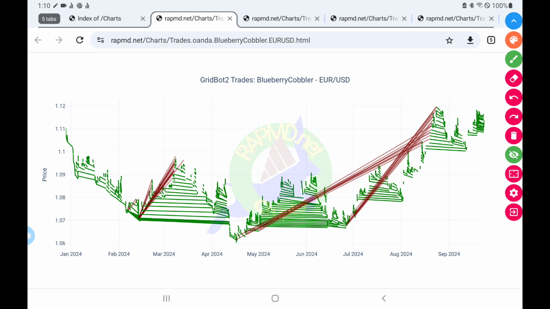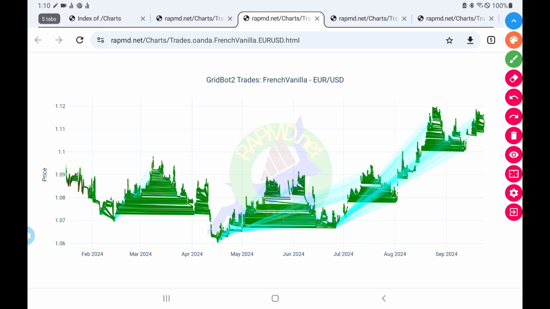On French vanilla, I've taken a higher number of trades, but less profitability per trade. That is, I've hyper-aggregated my profitability. So where Blueberry Cobbler only took 43 levels, French vanilla has 124 levels.